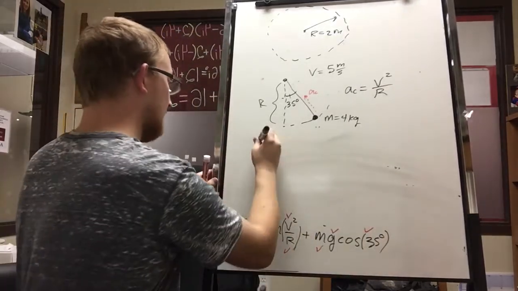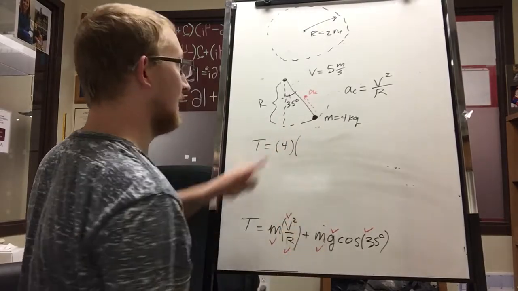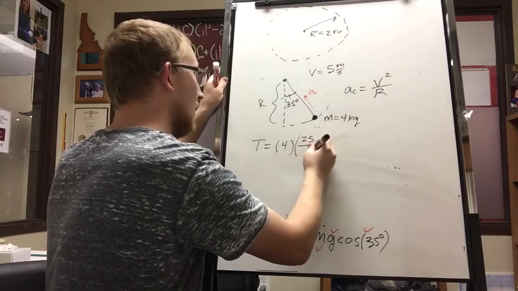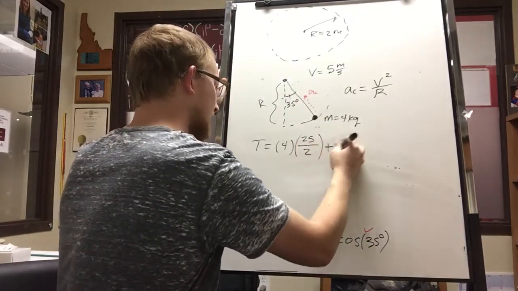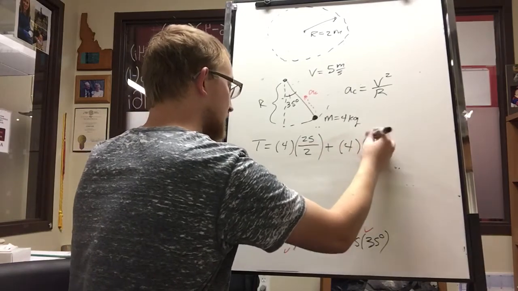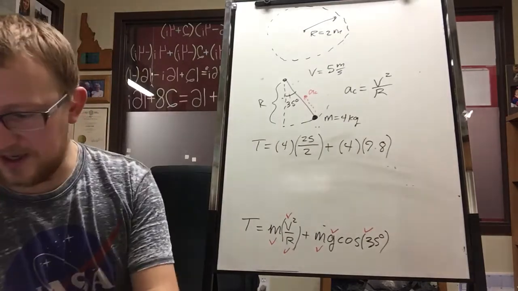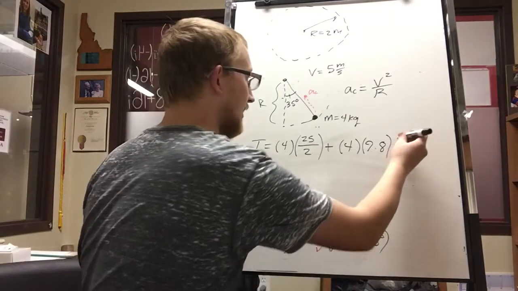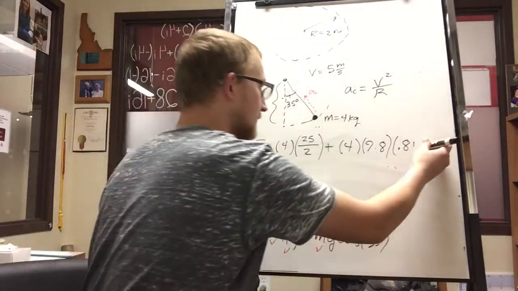Alright, so we'll plug in our values. Tension equals mass, which is 4 kg, times v squared, which is 5 squared, 25, over r, which is 2 meters, plus mass, 4 kg, gravity, 9.8 meters per second squared, and then cosine 35 is roughly 0.819.